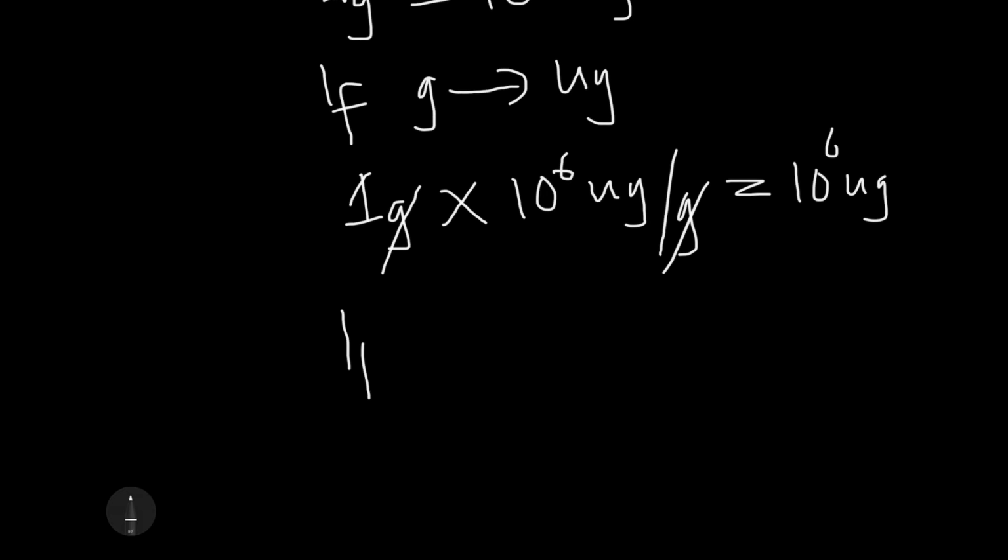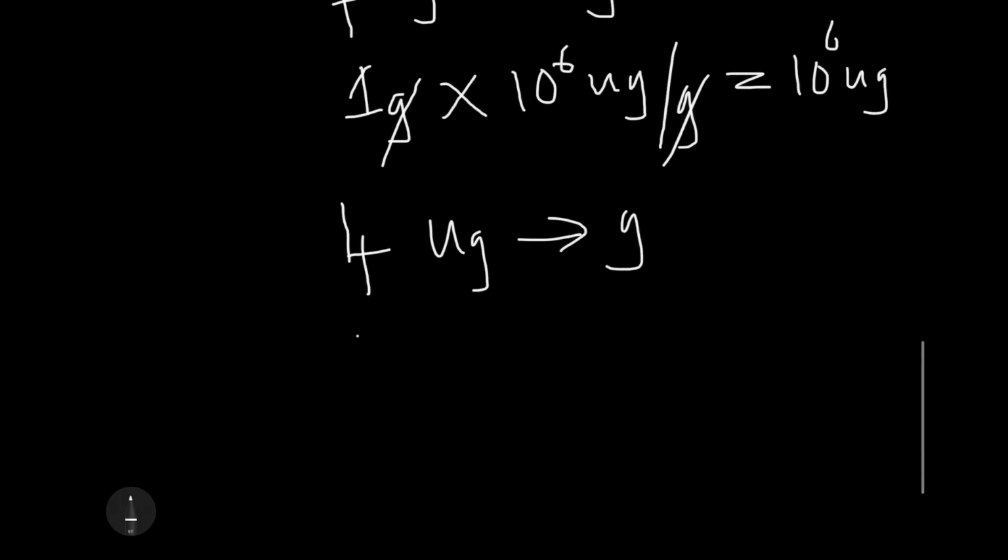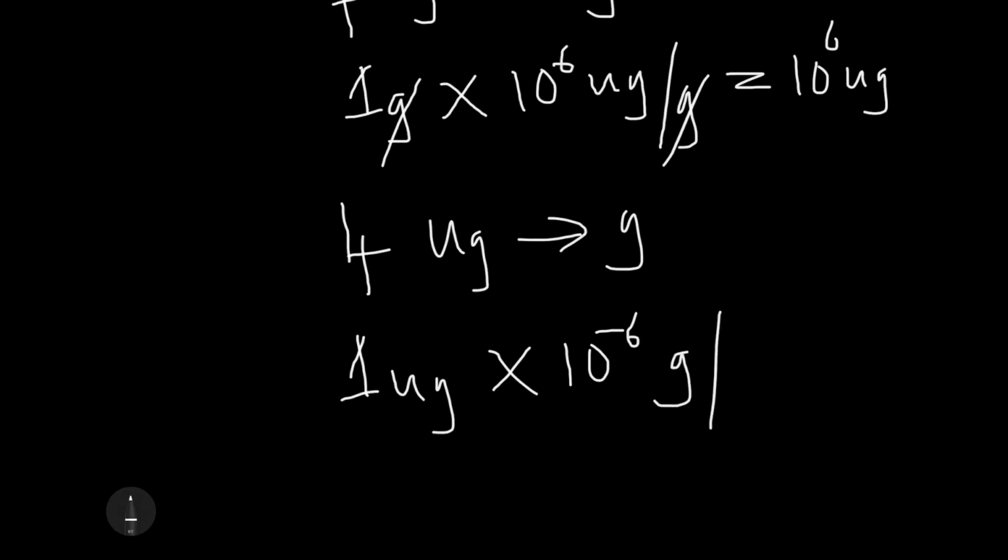If you want to convert micrograms into grams, let's say you've got 1 microgram, you can simply multiply it by 10 to the power negative 6 grams per microgram, so that microgram and microgram cancel.